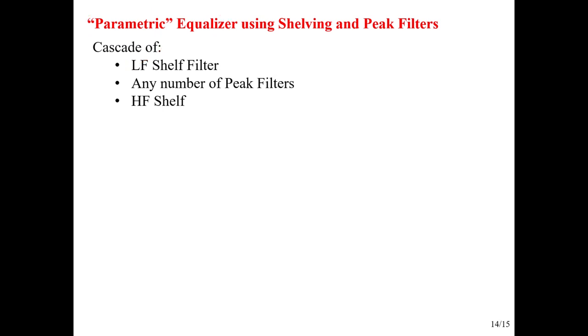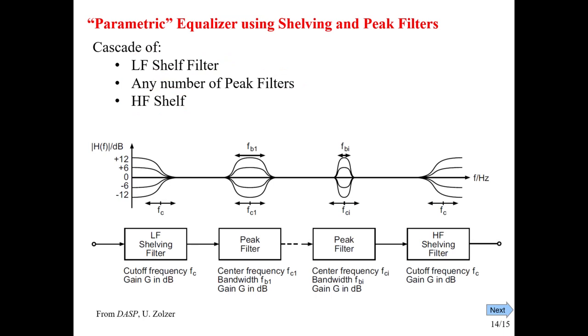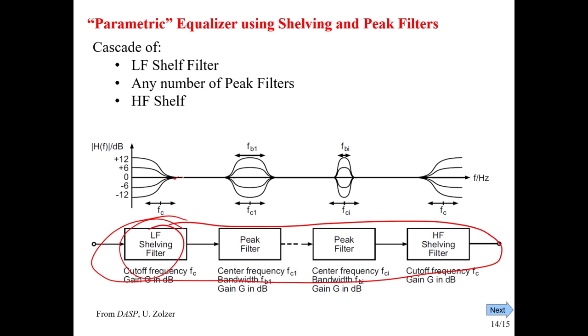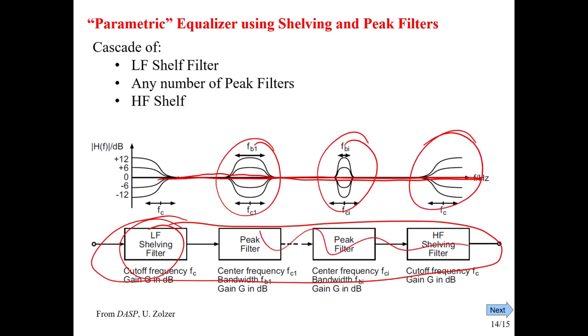So if we cascade a single low frequency shelf, then follow that with any number of peak filters that we want, and then finally a high frequency shelf. If we cascade all of those together like this, remember this low frequency shelf, its frequency response up here is 0 dB, so it's having no impact on anything that subsequent filters are doing.